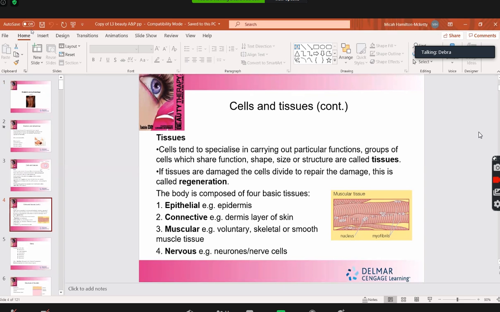Okay, right. So, tissues. If tissues are damaged, the cells divide and repair the damage, and this is called regeneration.